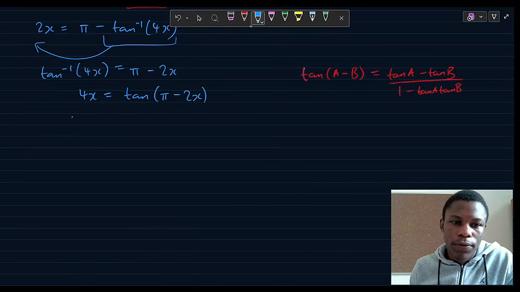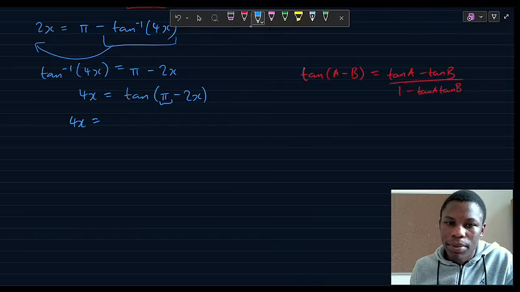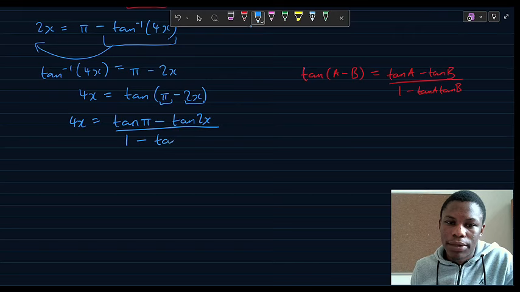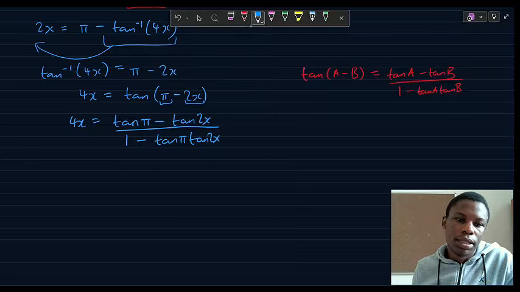So I need to expand this tan. 4x is equal to, our A is the pi, our B is the 2x. So I've got tan pi minus tan 2x over 1 minus tan pi times tan 2x.